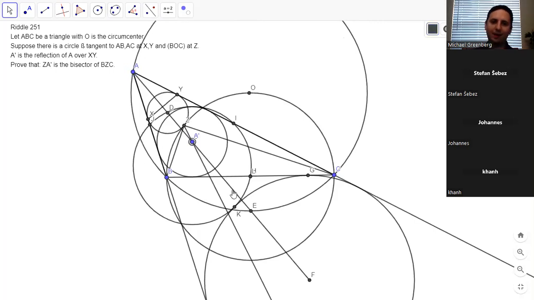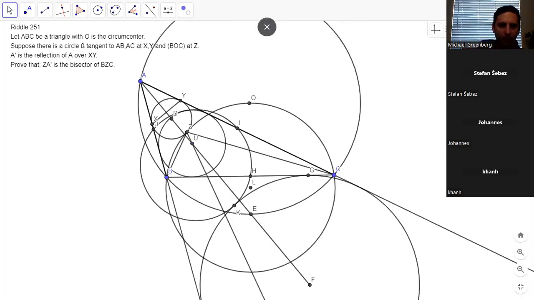So we need to show that the incenter is obvious then with Protassov lemma. So it's obvious that the incenter is a reflection of A over XY.